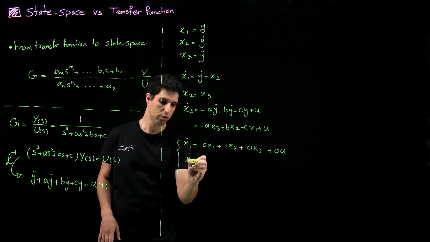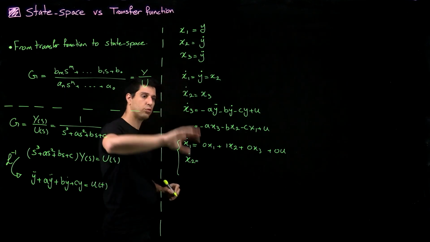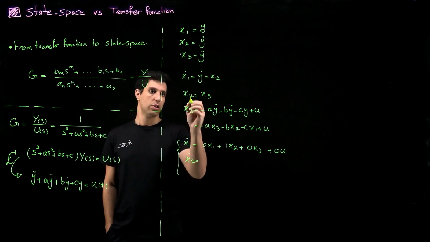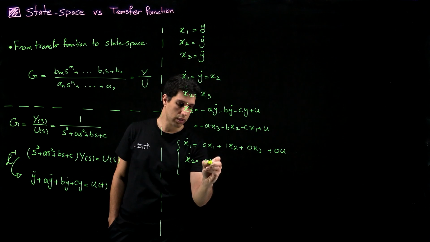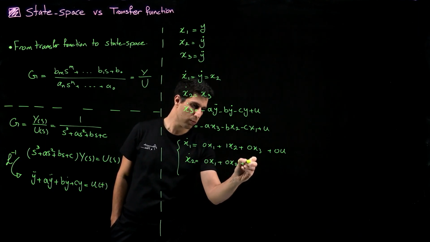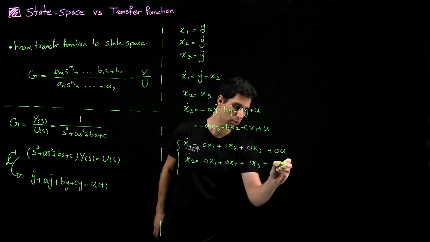Whenever you are confused how to go from this form to matrix form, do this. x dot 2 equals 0 x1 plus 0 x2 plus 1 x3 plus 0 u.